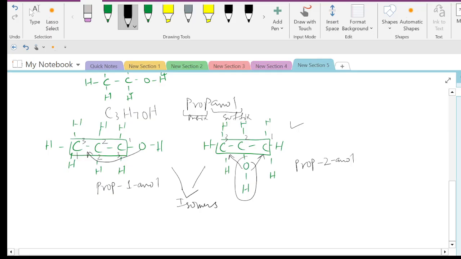According to the rule, you have to start the numbering from the carbon where the hydroxyl group is attached or nearer to it. Because from the left hand side carbon the hydroxyl group is too far away, we cannot start the numbering from the left side. So that's why prop-3-ol is not possible.